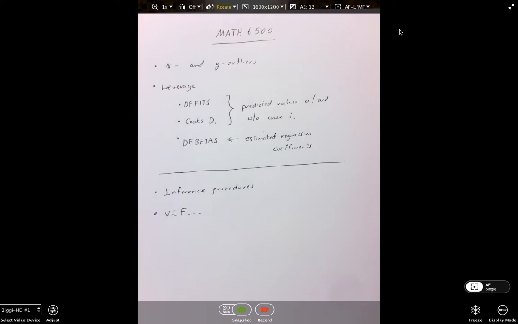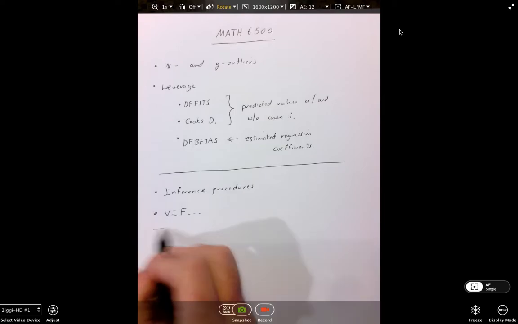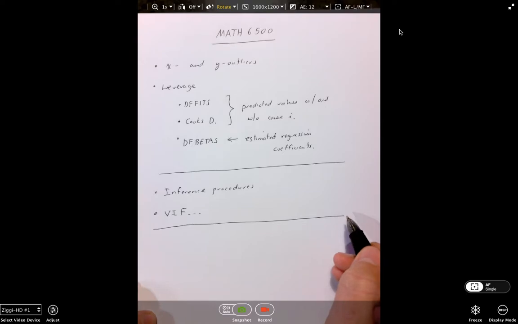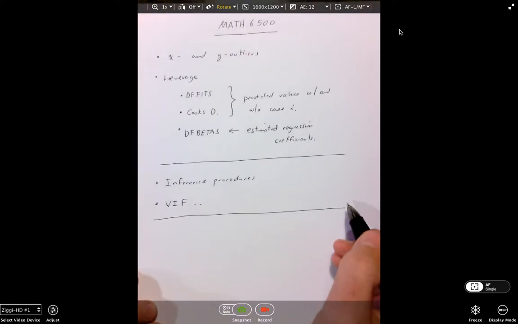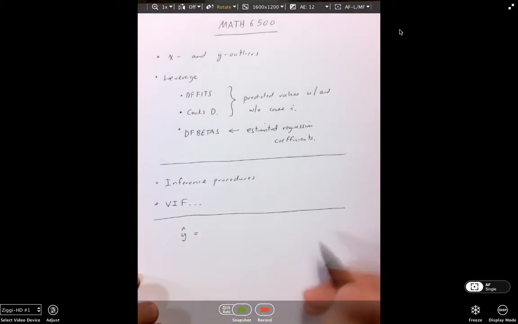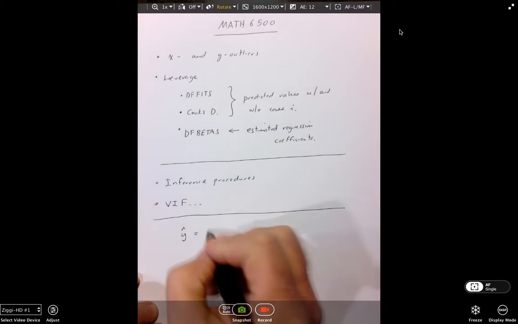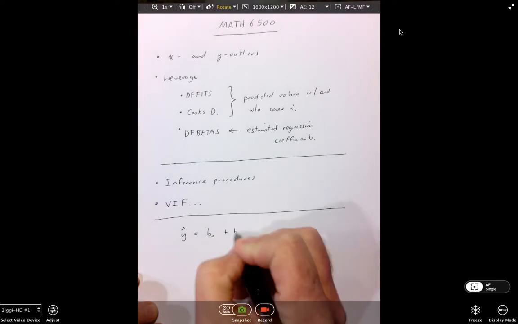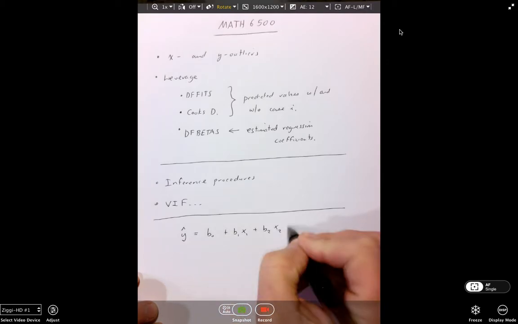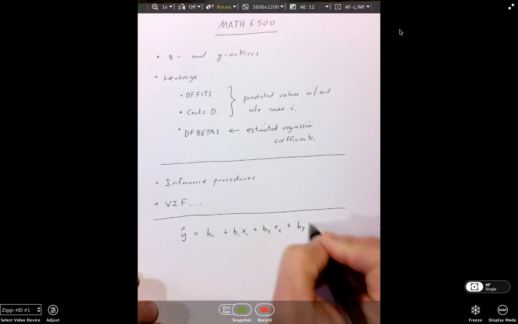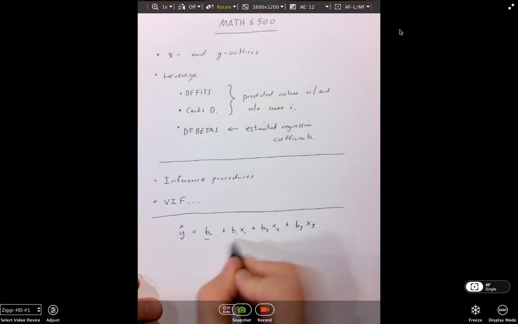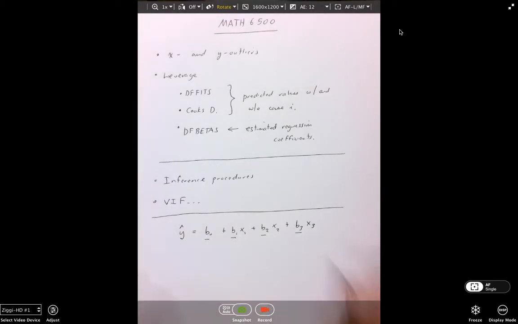So in terms of the inference procedure, let's role play just a little bit. Let's say we are trying to predict some response variable from 3 predictors. By some measure, probably technology, we find the estimated regression coefficients.